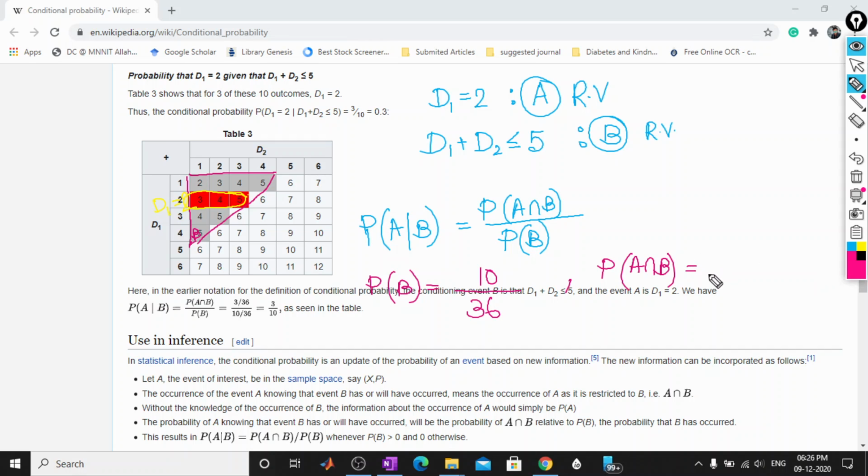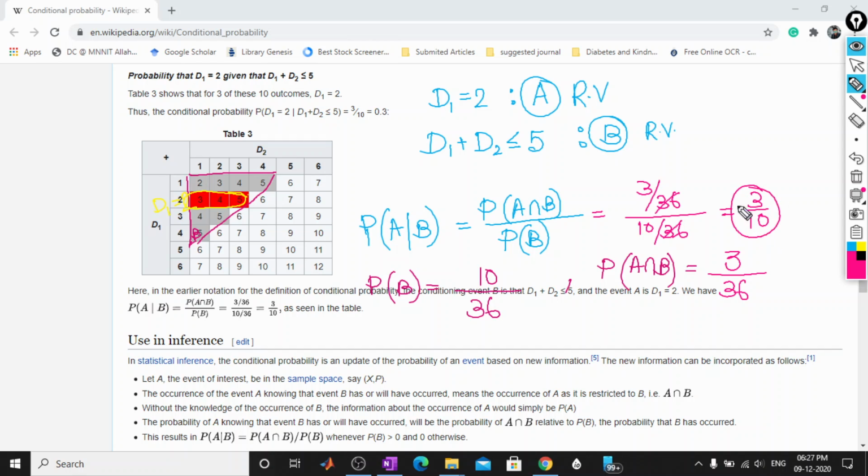So what will be the value? For b we have a total of 36 outcomes, and out of the 36 outcomes, a intersection b has only 3 values. Now if we put this value here, our numerator will be 3 by 36 and the denominator will be 10 by 36. So the final outcome, with the 36 cancelled out, will be 3 by 10.